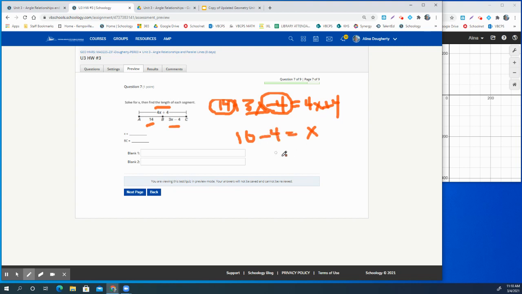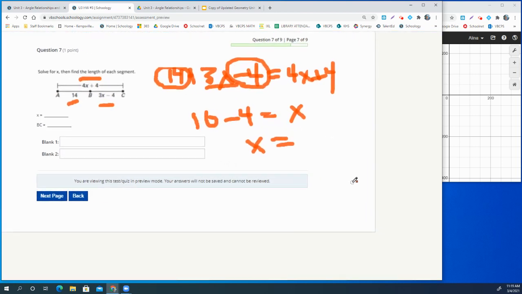So what does x equal? What does x equal? 6. With such confidence, I love it. What's the second question asking me? What do I have to do for this? What's BC?